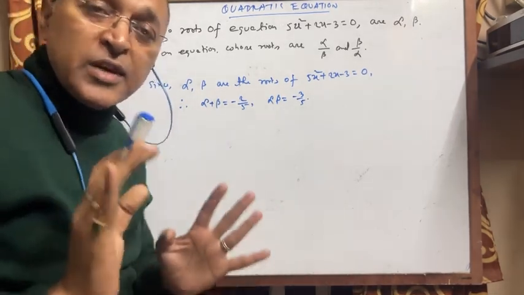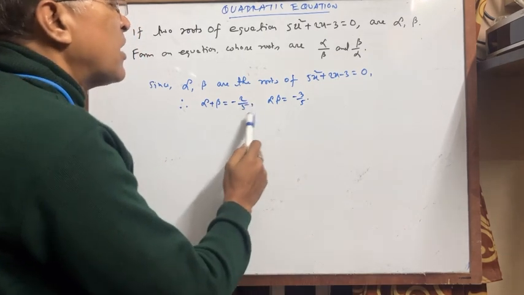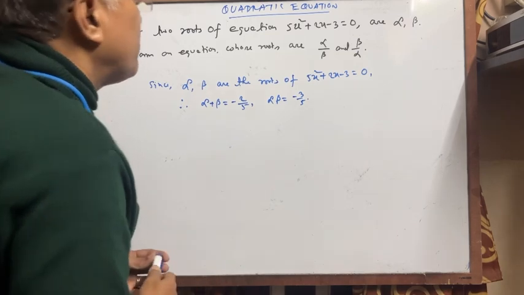All of you know that sum of two roots is minus b by a. Here b is 2, so it will be minus 2 by 5, and alpha beta is c by a, that is minus 3 by 5. Okay.